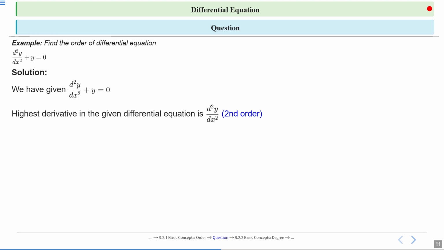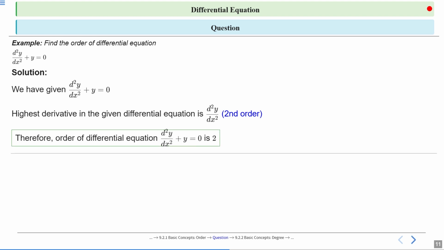There is only one term involving a derivative. We differentiate y with respect to x, we get dy by dx, and then we again differentiate dy by dx with respect to x, we get d2y by dx2. We differentiate 2 times, so the order is 2. So the order of the differential equation d2y by dx2 plus y is equal to 0 is 2.